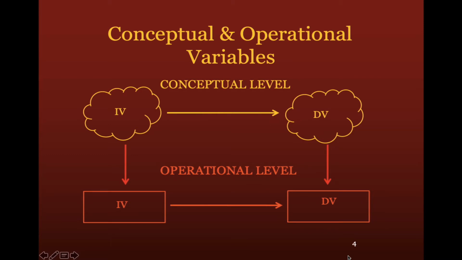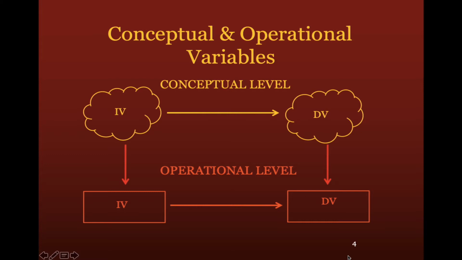So as we talked about in our last lecture, we have two broad types of variables, conceptual variables and operational variables. Now the conceptual variables are those broad abstract ideas that we want to explore in our research. The operational variables are how we actually measure those conceptual variables in a study. Because remember, the conceptual variables cannot be directly tested, so you have to have some concrete way of measuring those conceptual variables in your study.